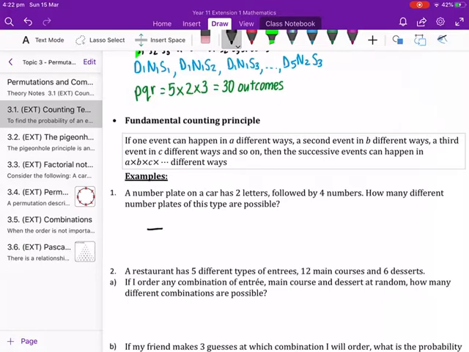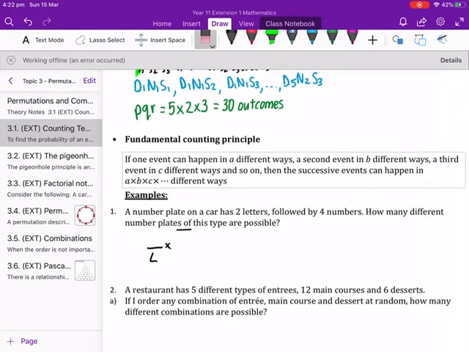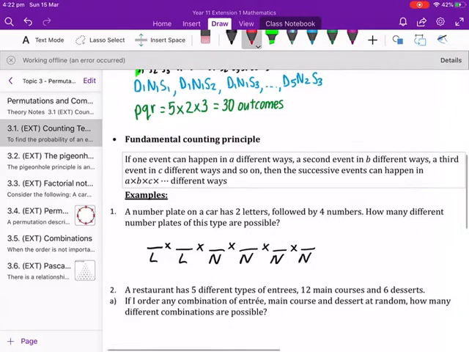Well, we think about it like this. We have our letter multiplied by another letter, multiplied by a number, multiplied by a number, multiplied by a third number, and multiplied by a fourth number. Now, order is not important in this case, and we can have repeated numbers and letters. So, how many letters we have would be 26, as there are 26 letters in the alphabet, and this occurs for both spots because we can have a double A, for example.